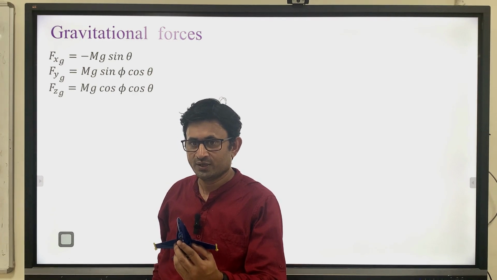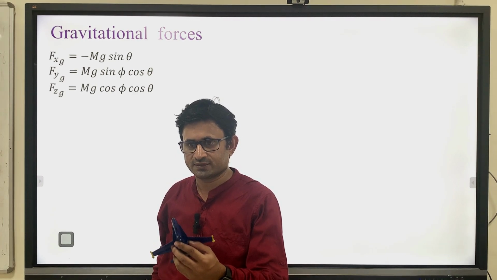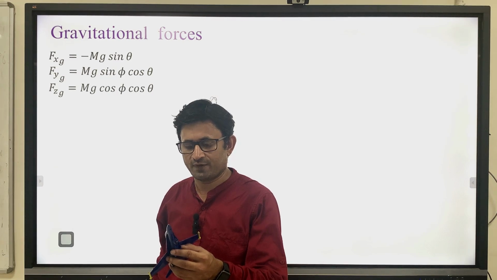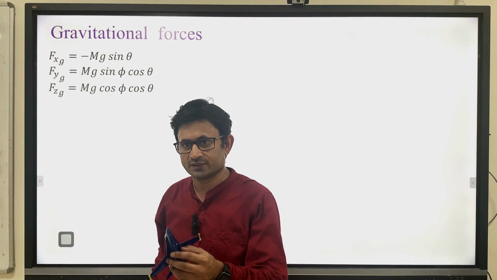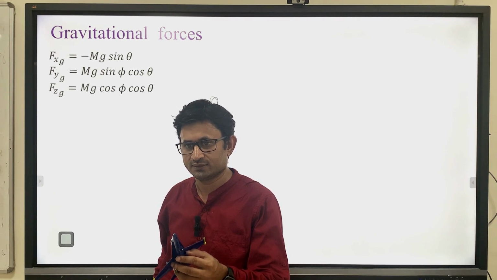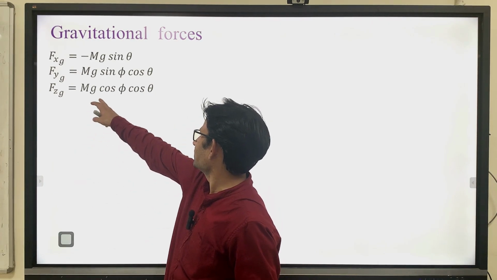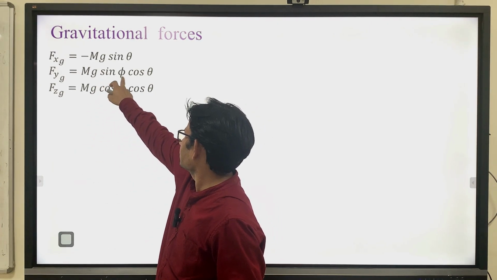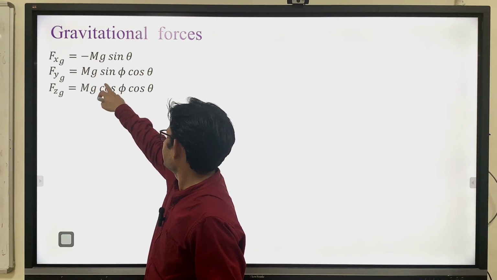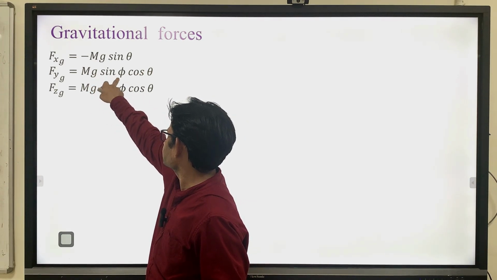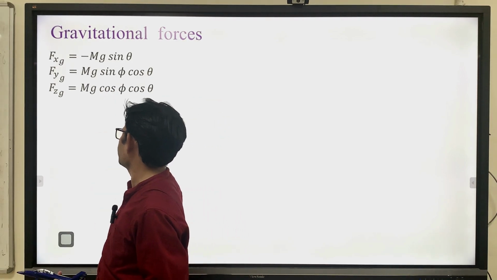And when you take a phi, then mg cos theta will have two components, one along y and one along the final z. There will be one sine component and one cos component.